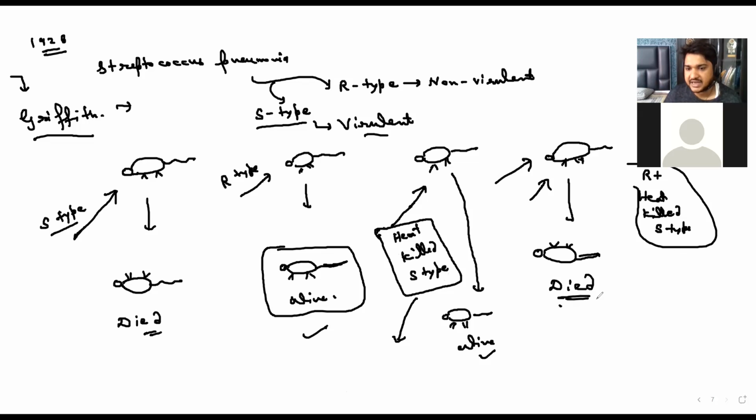So this rat died not because of heat killed, but because of the R strain. It was believed that R strain has changed its nature because of the presence of S strain.